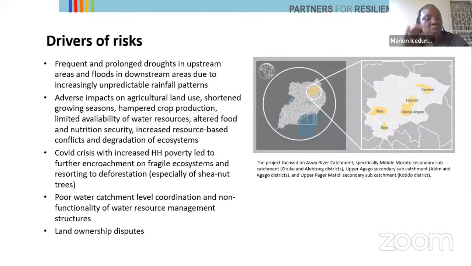So the coordination and management of these resources within those structures was quite a challenge that brought even multiple challenges in this landscape. And last but not the least, land ownership disputes were emerging as well due to scarcity of resources in this landscape. So these are the drivers of risk that we were targeting to manage as a project.